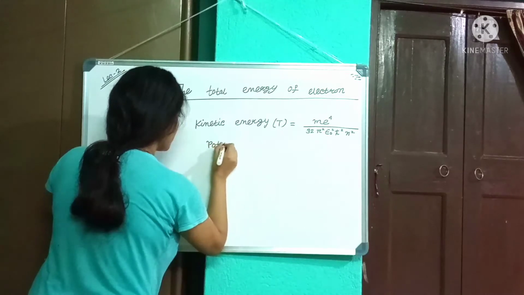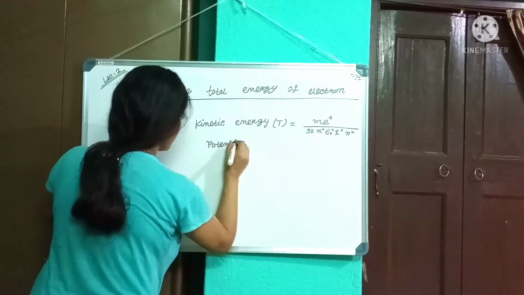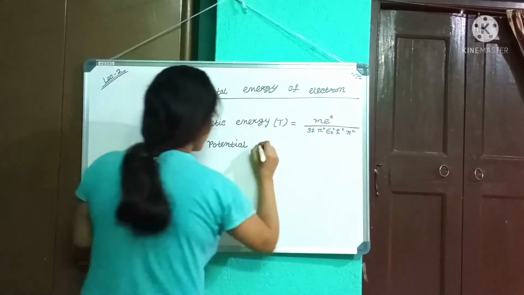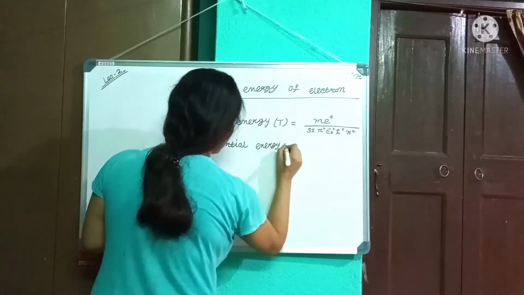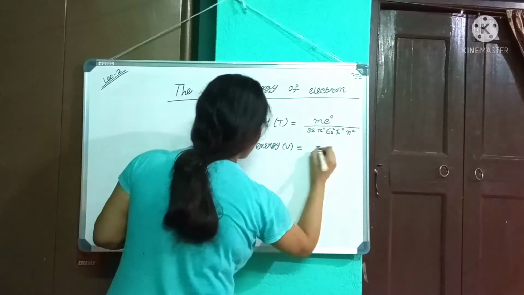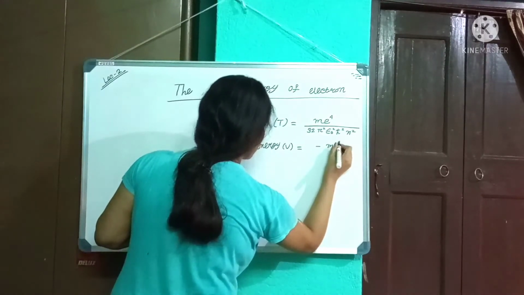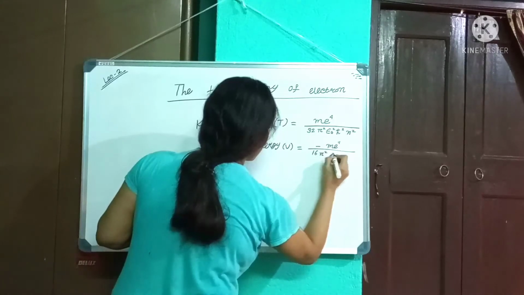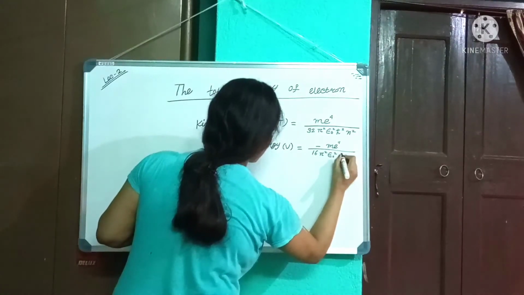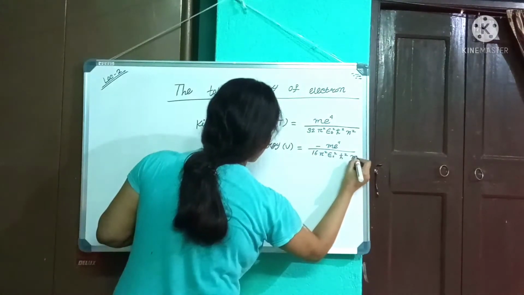And potential energy of the electron V equals minus m e to the power 4 by 16 pi square epsilon naught square h cut square n square.